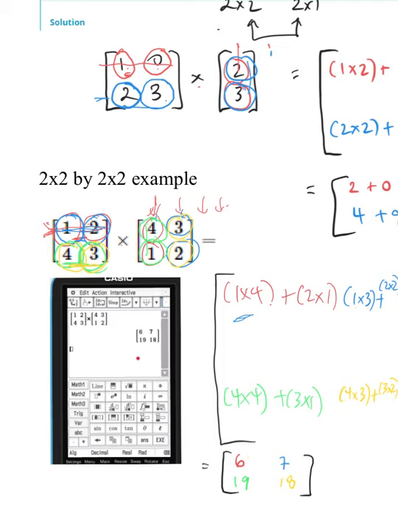Also, whenever you're doing something on your CAS, as we looked up before, how to work out if the product exists. When you do something on your Casio that doesn't exist, so if you're trying to multiply a matrix by another matrix and the product doesn't exist because the number of columns in the first matrix doesn't match the number of rows in the second, it will come up as no solution or error or something like that.